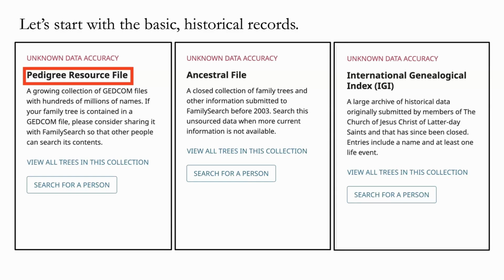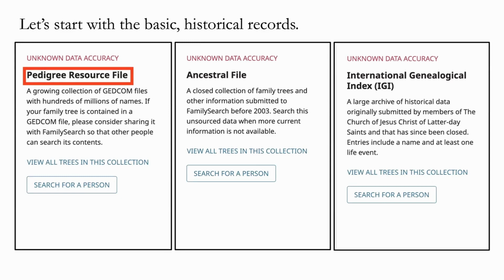So if you see something that says, by the way, this will apply to all three of these, the pedigree resource file, the ancestral file and the IGI, that if it says on your entry, sometimes you'll run across entries on the FamilySearch family tree, and you'll go to a source and it'll say the source was uploaded by FamilySearch.